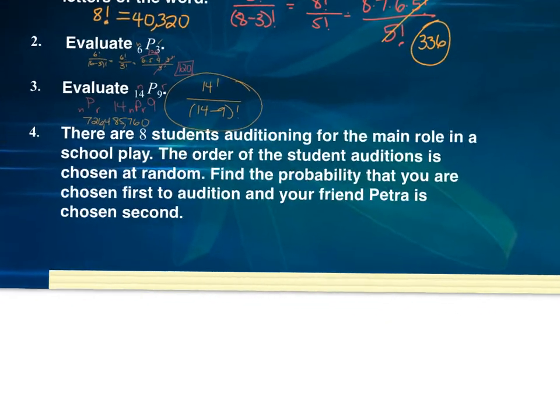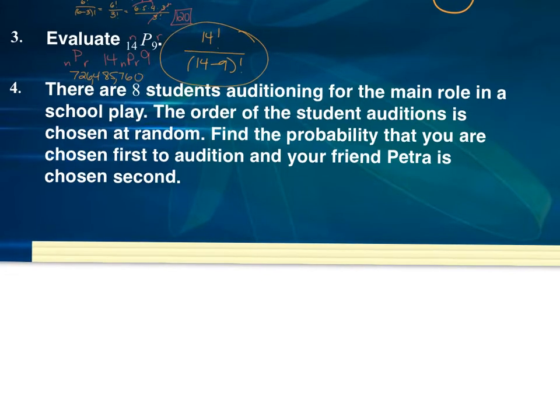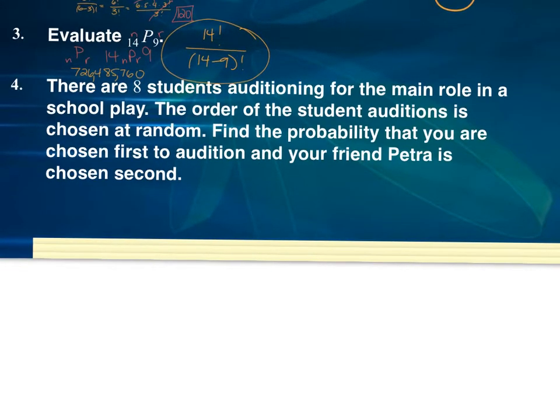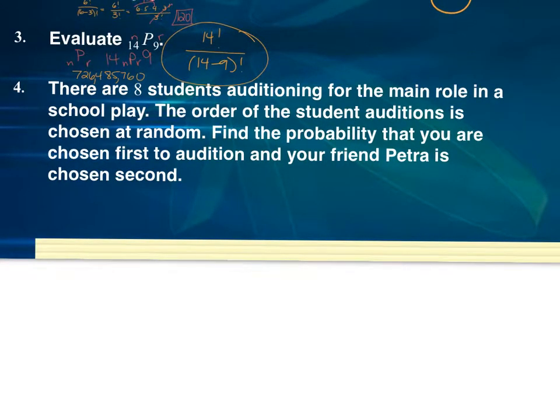There are 8 students auditioning for the main role in a school play. The order of the student auditions is chosen at random. Find the probability that you are chosen first to audition and your friend Petra is chosen second. So important things to notice here. One, the word probability. So I'm not just giving a single number this time, right? I'm saying how many over how many. And this is just like that float one.